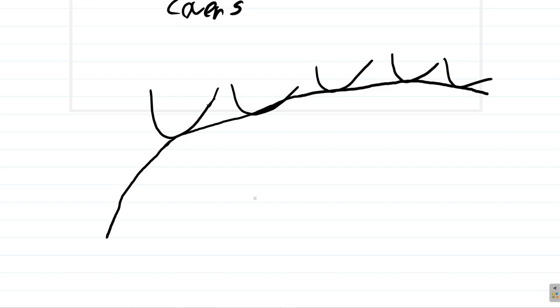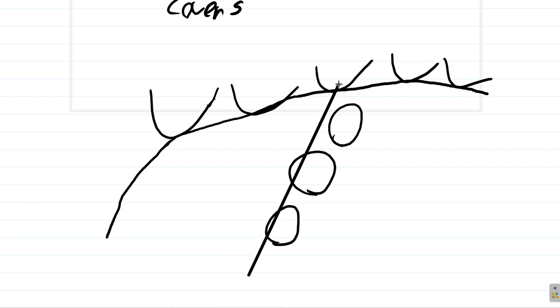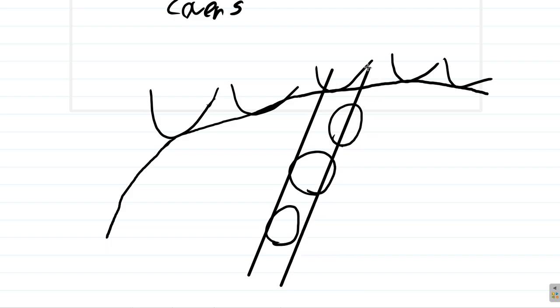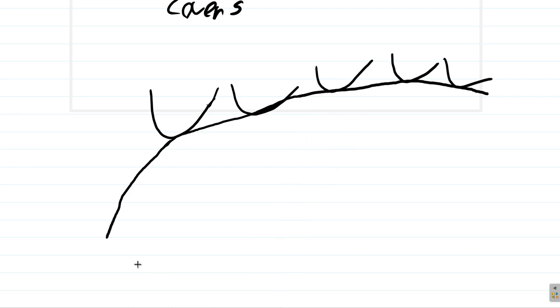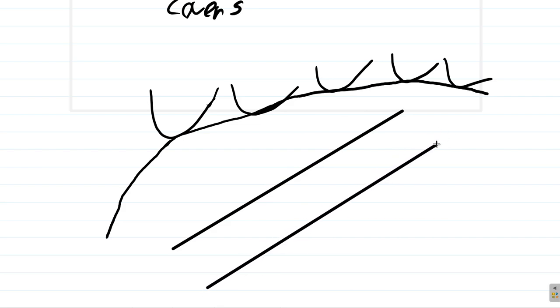Now, another image that you will find is something like this. Well, already, let me redo that. Let me draw the lines first. And then you have some circles between the lines.